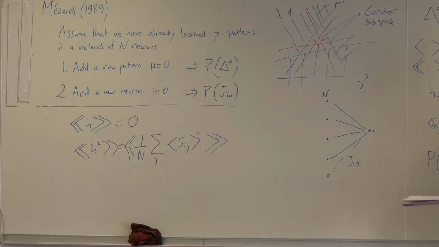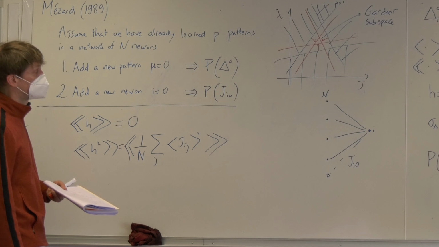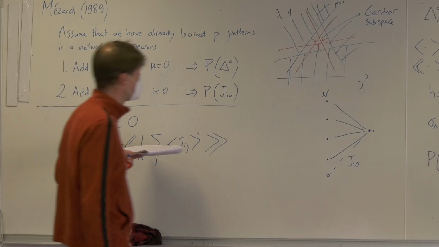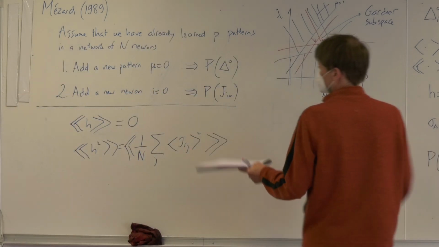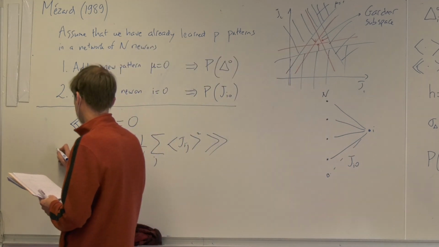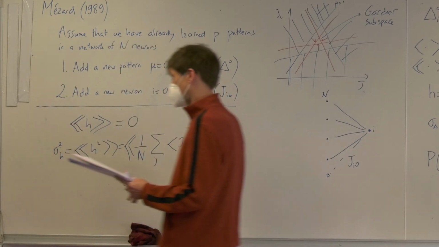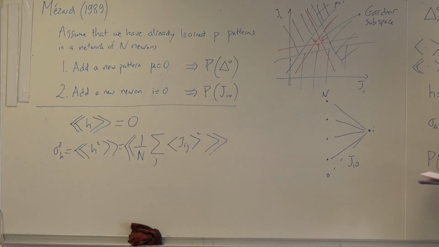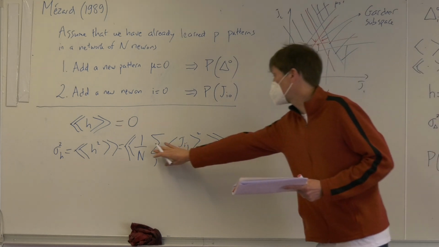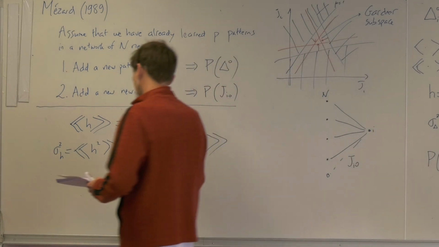Okay, so now we can define these moments. So we have the distribution of h that's Gaussian with mean 0 and a variance that we call sigma squared h, and here there was a square that I missed. So both sigma squared h and sigma squared delta depend on the J's only through two quantities.